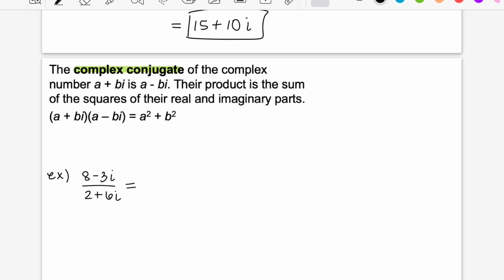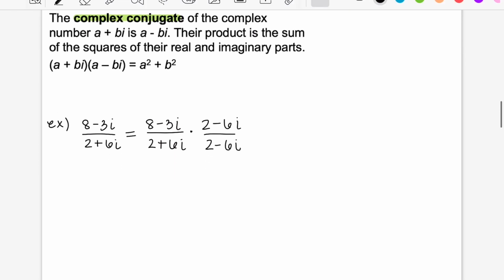So, for example, here, we're going to multiply the top and bottom by the complex conjugate of our denominator, so that's going to be 2 minus 6i. And remember, when we have something divided by itself, this is just equal to 1, so we're just multiplying this by a factor of 1. And just to be clear, this is the complex conjugate of our denominator here.